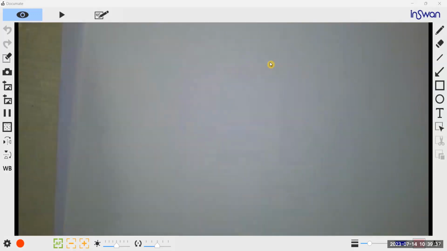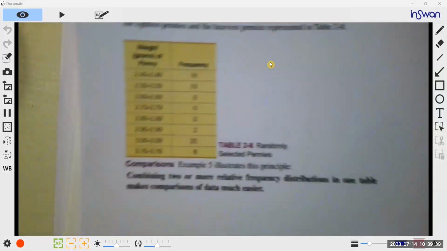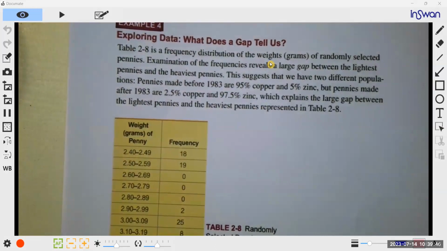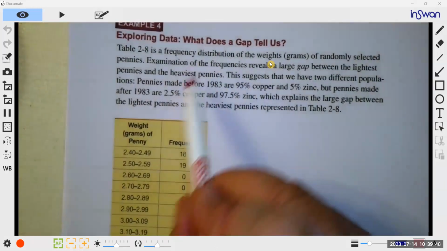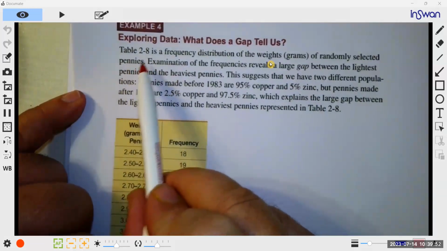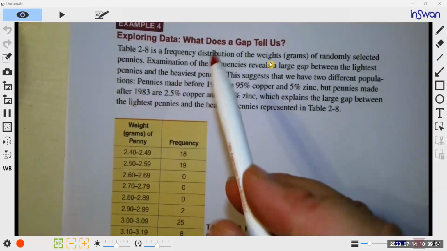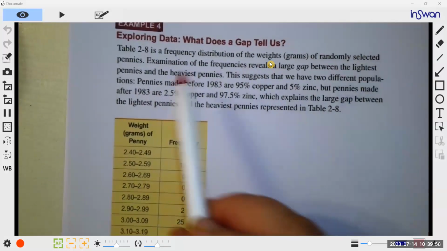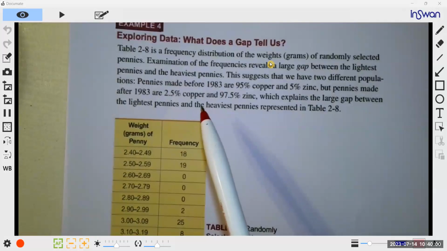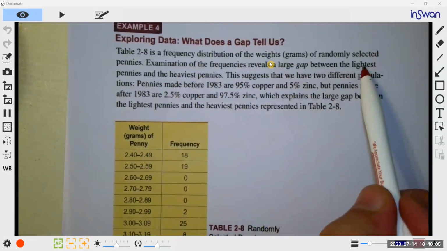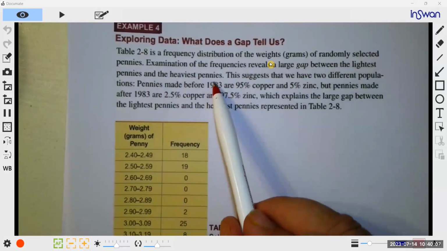All right. How about example 4? In example 4, we're exploring the data, and what are the gaps going to tell us? In table 2.8, the frequency distribution of the weights of randomly selected pennies, examination of the frequencies reveals a large gap between the lightest pennies and the heaviest pennies.